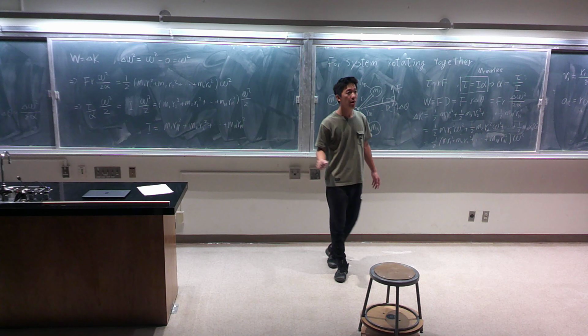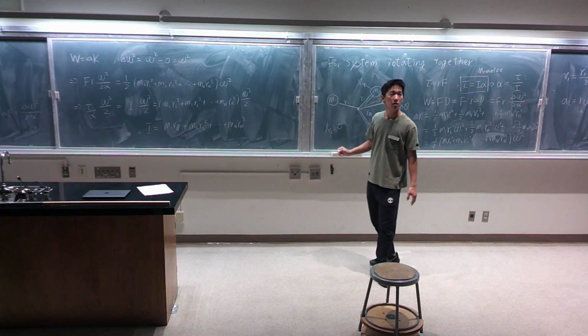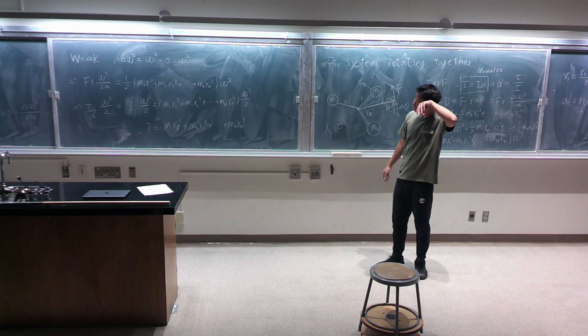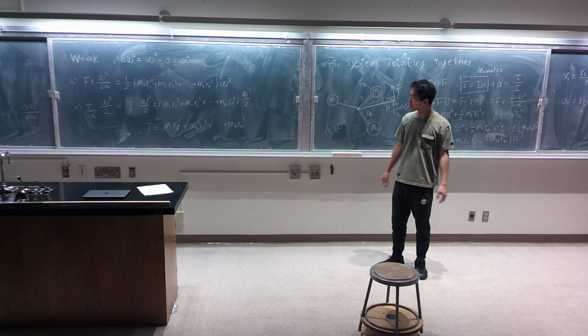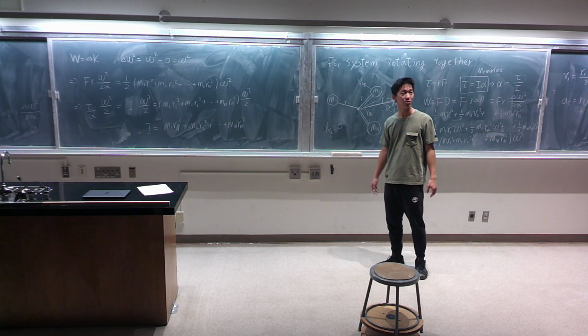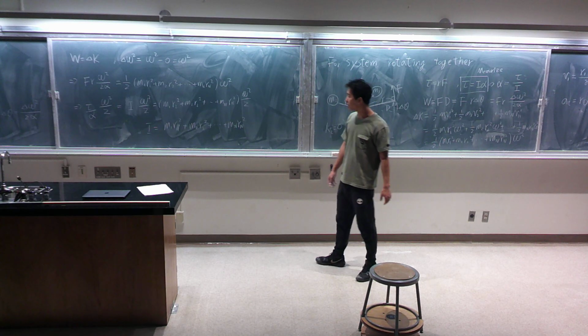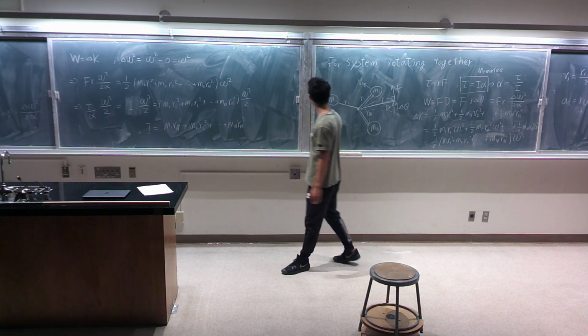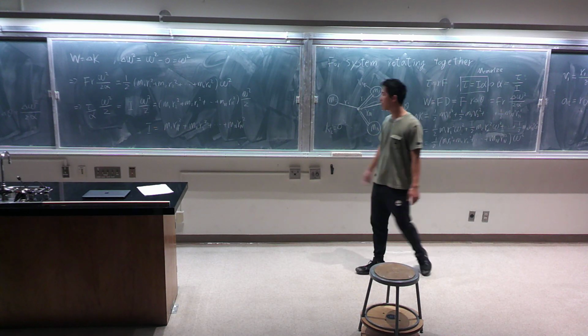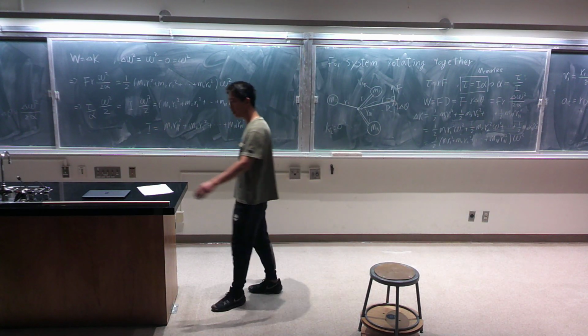Yeah? Is that formula related to the center of mass equation? There's something called the parallel axis theorem that I'm not going to teach you, but it's in the practice final. If you're interested, you can look at it. It relates the moment of inertia for a thing rotating around the center of mass and rotating somewhere else.